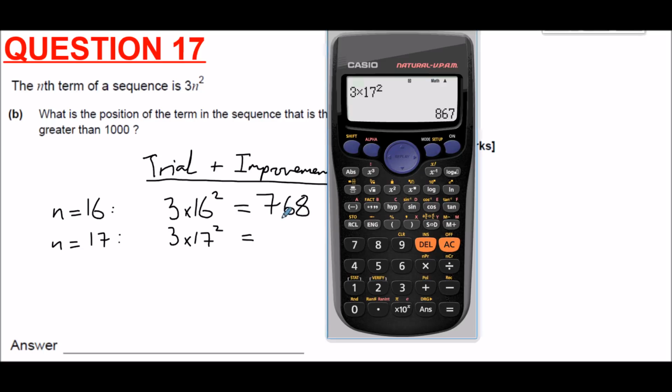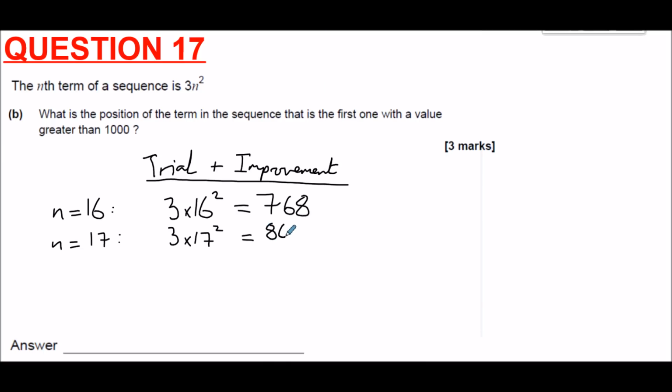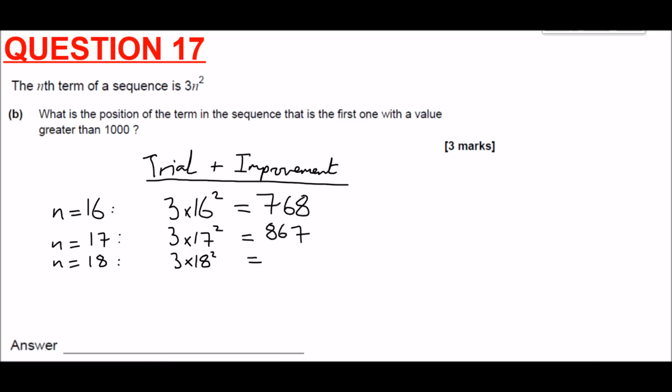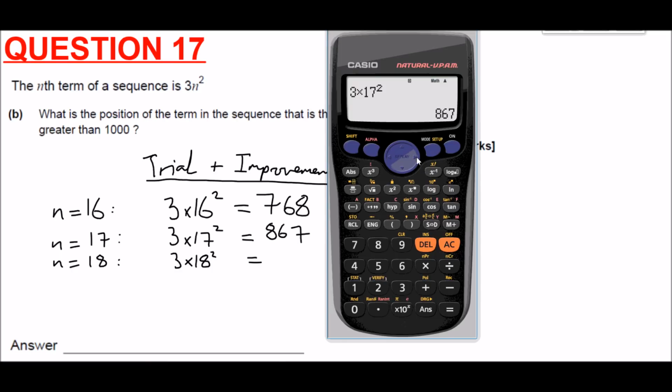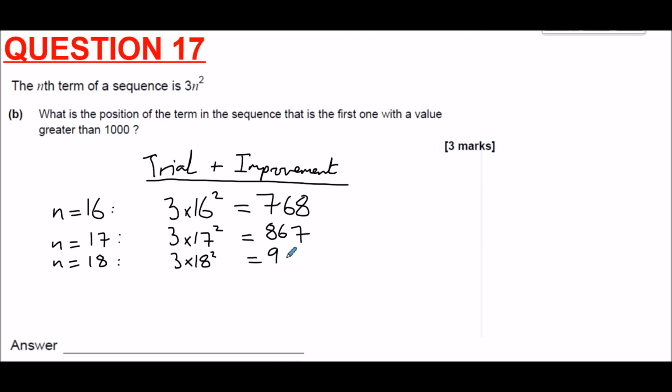Getting close to 1000, but not there yet. Try n equals 18. Three times 18 squared will be 972. So it's looking very likely it'll be the 19th term.